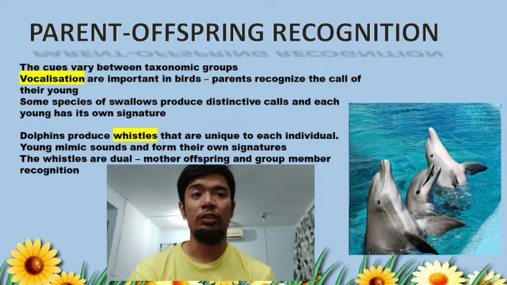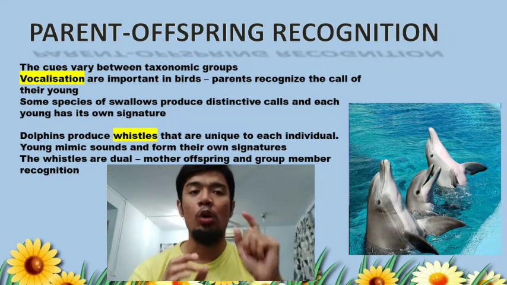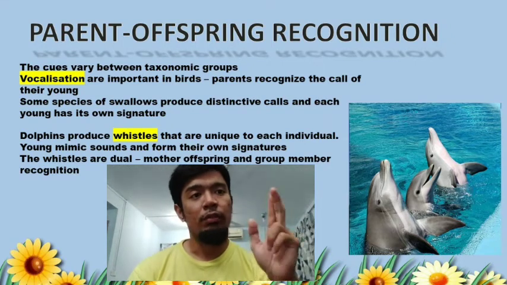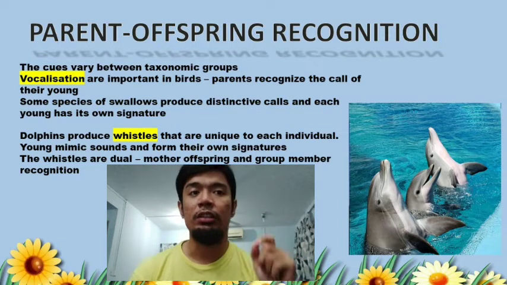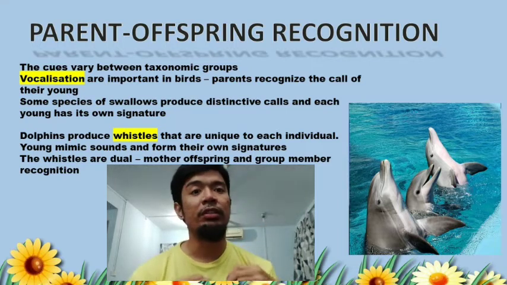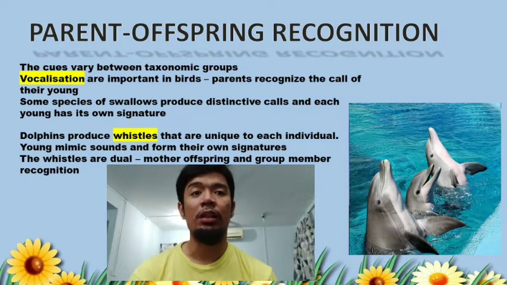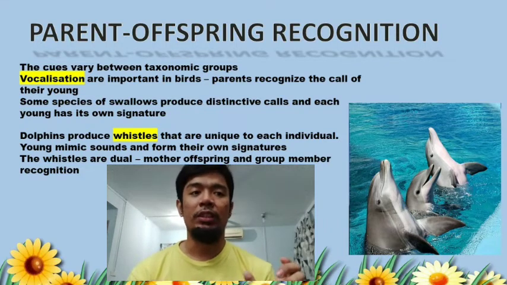Some species of swallows produce distinctive calls, and each young has its own signature. You can see this in this picture. Dolphins produce whistles that are unique to each individual. Young mimic sounds and form their own signatures. The whistles are dual, serving mother, offspring, and group member recognition.